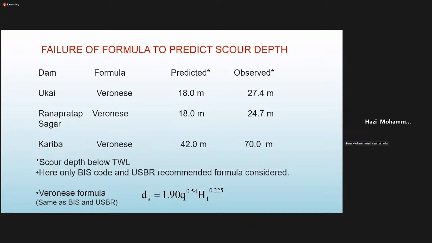In the case of Kariba Dam, in Zimbabwe, an African dam, each year and each 10 years, you can see the formula gave 42 meters, but the real observed scour was 70 meters at that time. So almost double. You can imagine, the dam height is 120 meters, Kariba Dam, but your scour depth is like this, 70. So almost two-thirds.